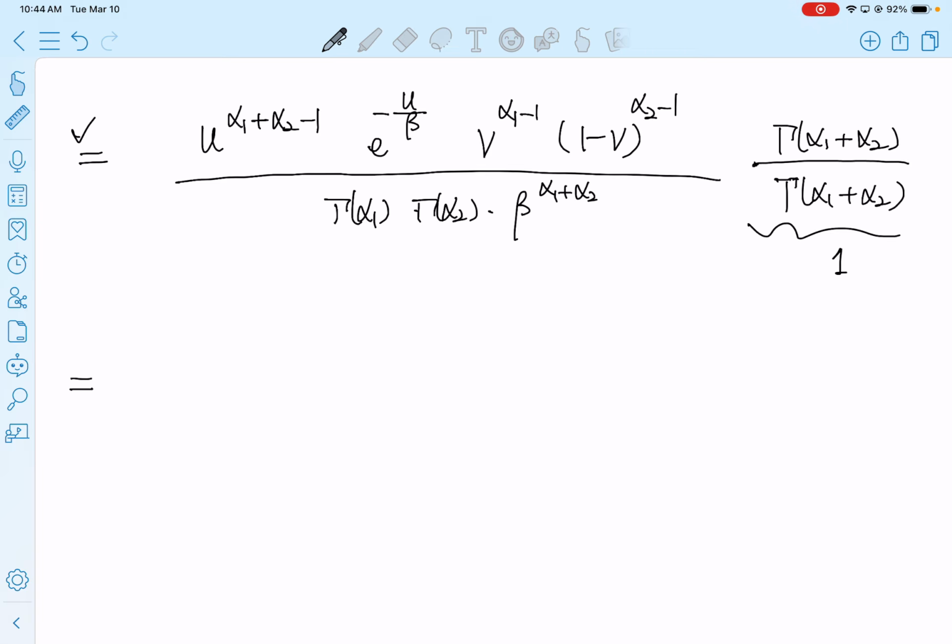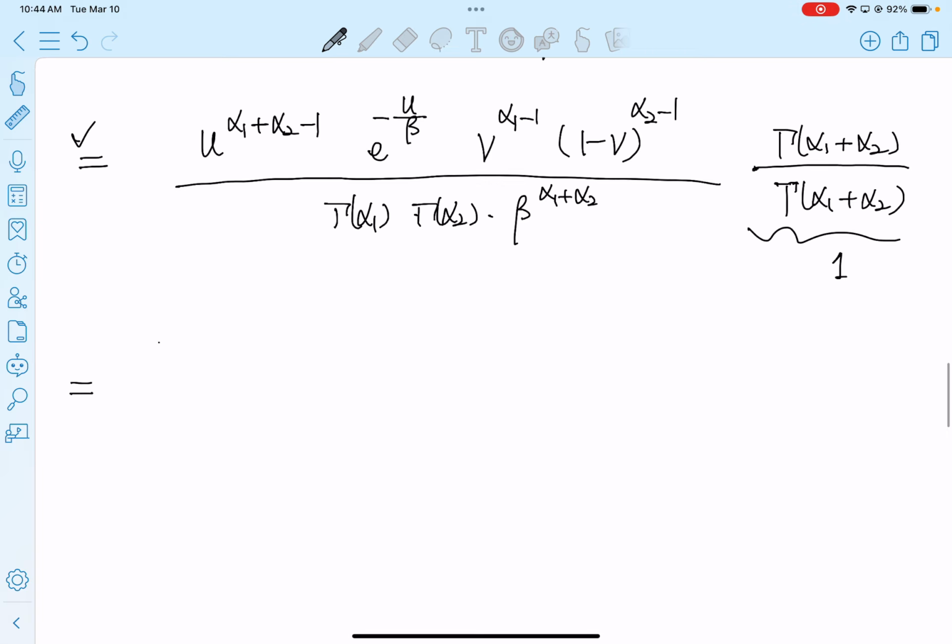So let me write in the following way. u raised to the power of alpha 1 plus alpha 2 minus 1, e raised to the power of negative u over beta.